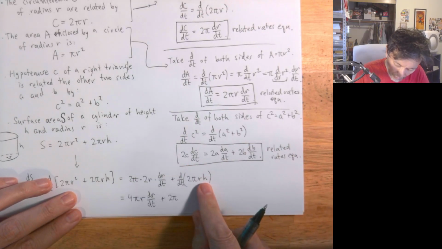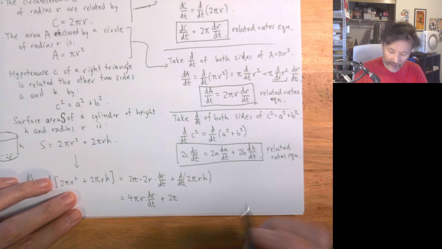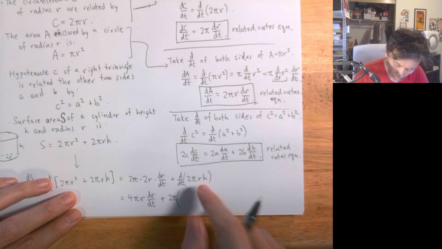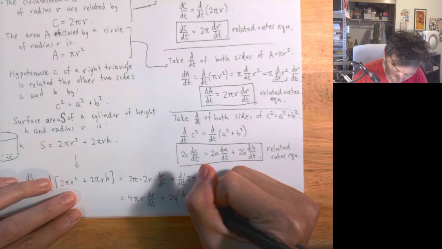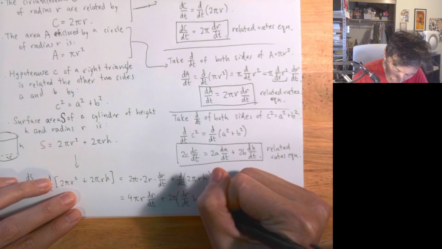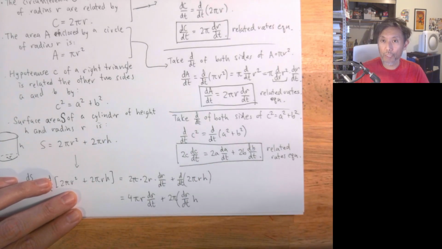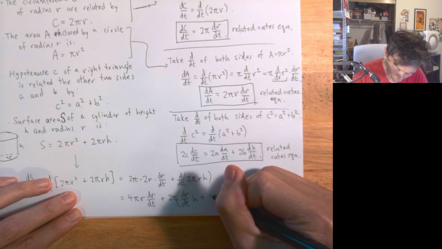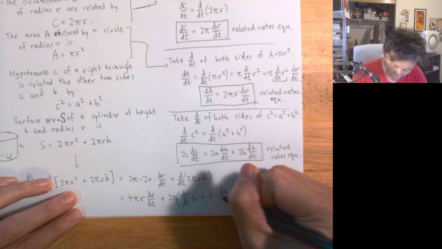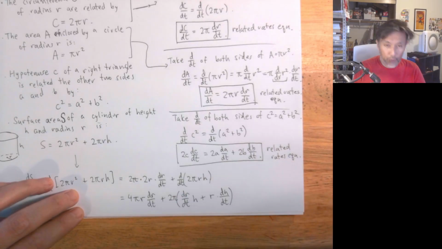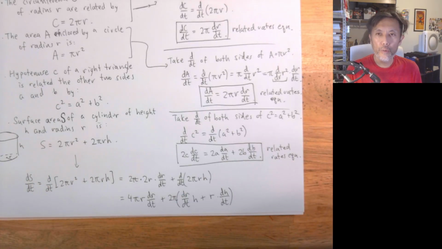And then we take the derivative of r times h with respect to t. And by the product rule, that's the derivative of the first piece, which is, by the way, dr/dt, times h, that's the second piece left alone, plus r times dh/dt. That's the first piece left alone times the derivative of the second.